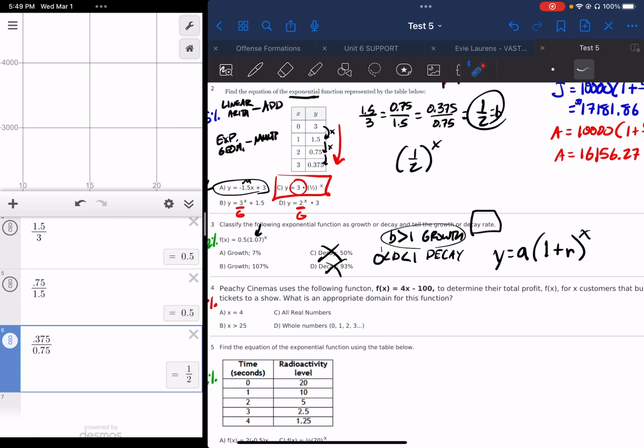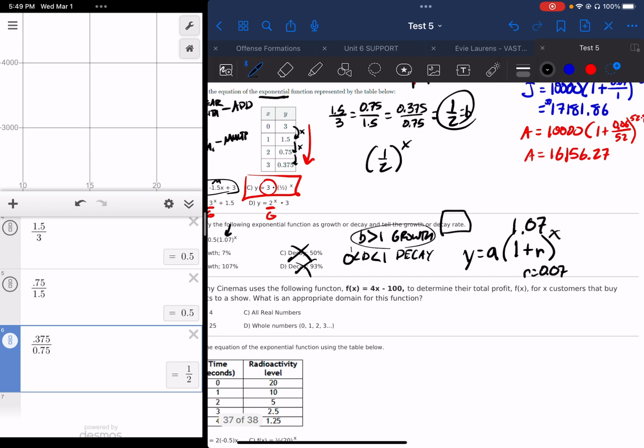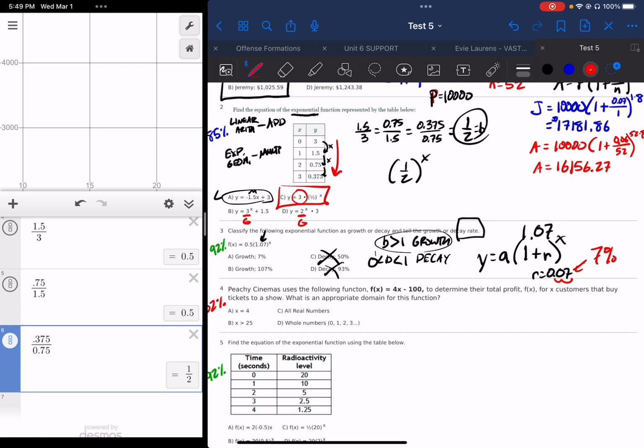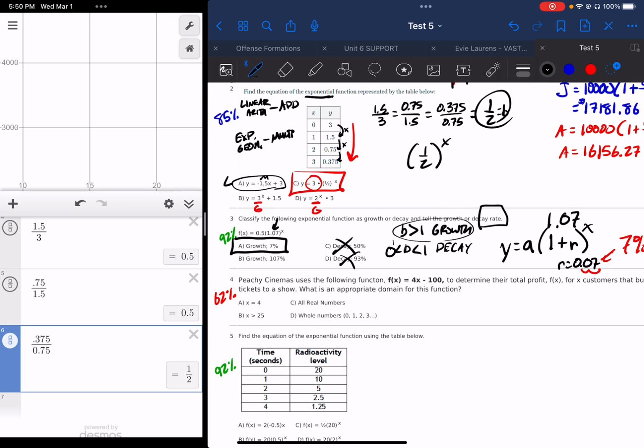If what's in those parentheses is 1.07, then the rate is 0.07. If I turn that into a percentage, I just move the decimal 2 places to the right. This is the same thing as 7%. So my equation is growth. My rate is 7%. 107% would be a whole lot more than that.